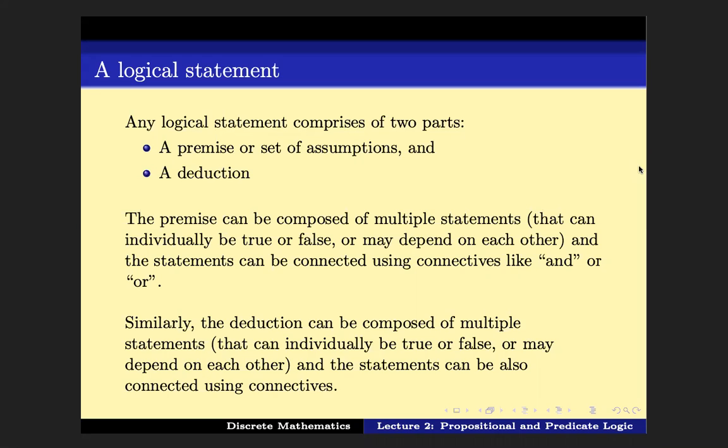And maybe one of them is false, and maybe one of them is true. Similarly, the deductions also can have a lot of these compositions. So if I say that all the students sitting in this class have gone through the ISI entrance exam.